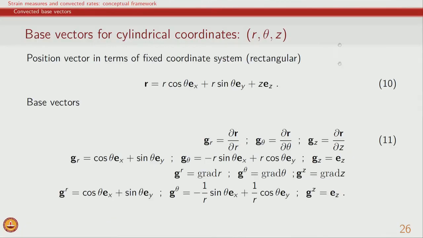So, this is what is written here in terms of the base vectors. So, g r is cos theta and sin theta, but this is nothing but E r itself, and similarly g theta is in the direction of E theta. However, g theta has units of length, and similarly g z has again no units and it is unit vector.